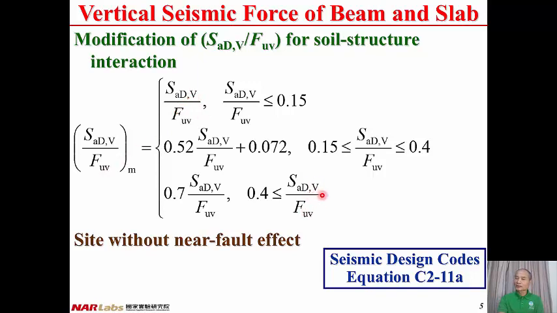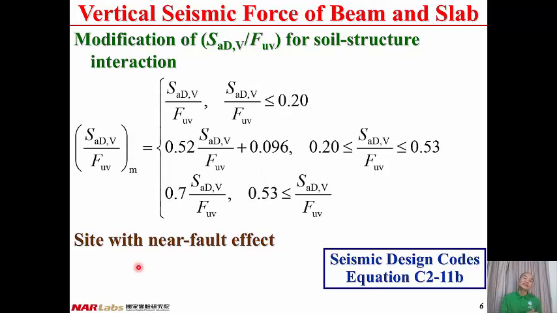If the ratio SADV divided by FUV is larger than 0.4, then the ratio is modified to 70% of the one before modification. In between, linear interpolation is adopted. Therefore, when SADV divided by FUV is greater than or equal to 0.15 and less than or equal to 0.4, SADV divided by FUV modification equals 0.52 times SADV divided by FUV plus 0.072.